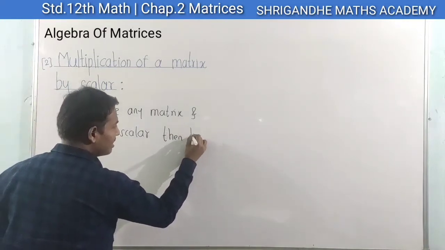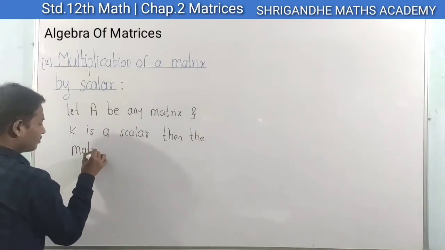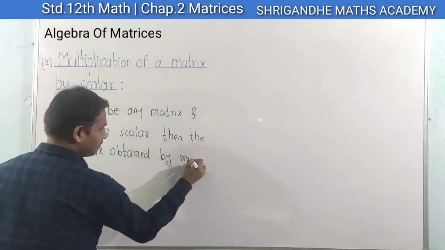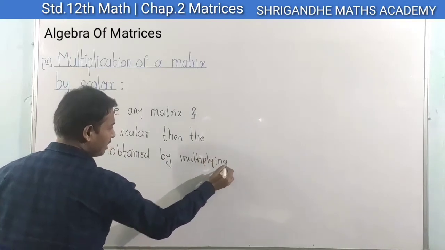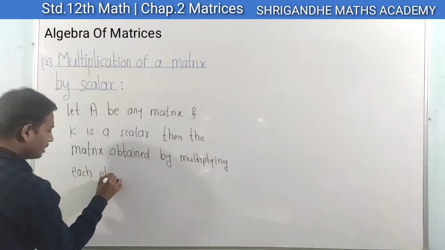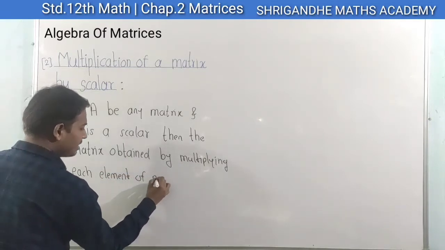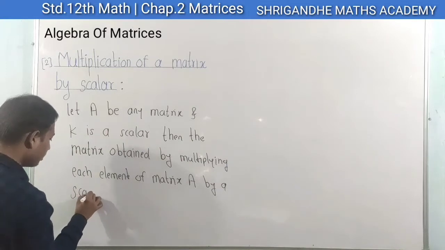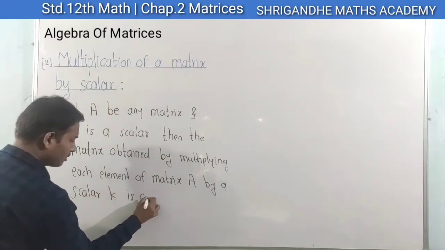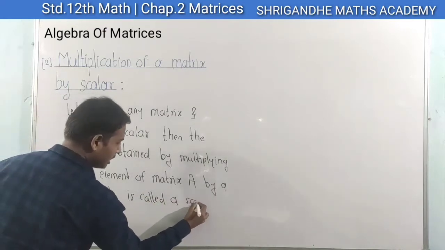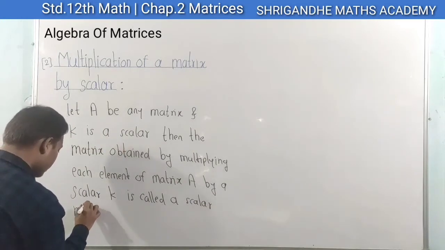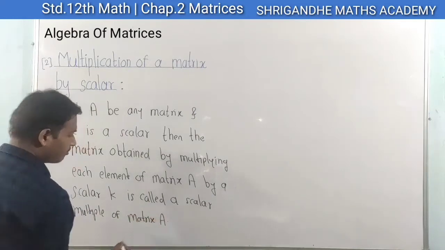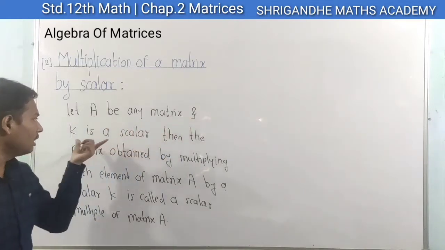Then the matrix obtained by multiplying each element of matrix A by a scalar k is called a scalar multiple of matrix A. Scalar multiple of matrix A. Let A be any matrix and k is a scalar.